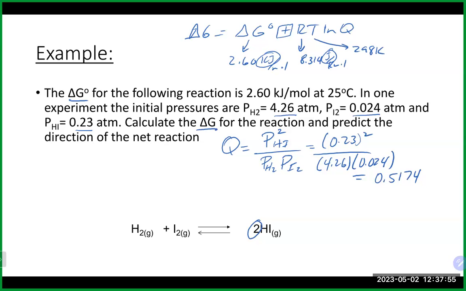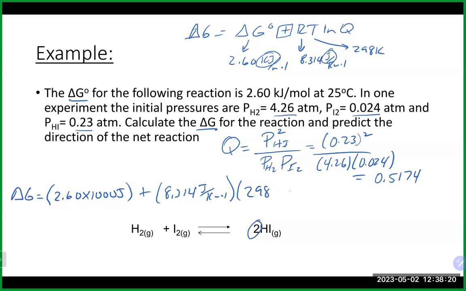Now we pretty much have everything that we need to solve for what we're looking for here. So we'll put our values in. I'm going to go with a delta G equals, once again, I'm going to multiply by 1,000 to put mine into joules. If you would rather turn your R into kilojoules, you could do that as well. Plus our 8.314, our 298, and our natural log of basically 0.5174 in this case.